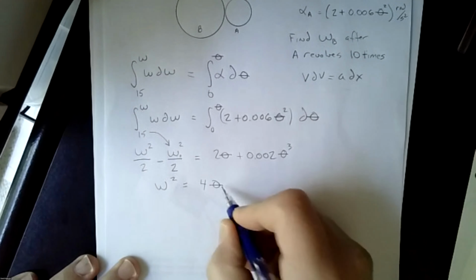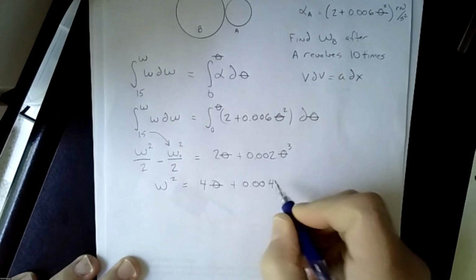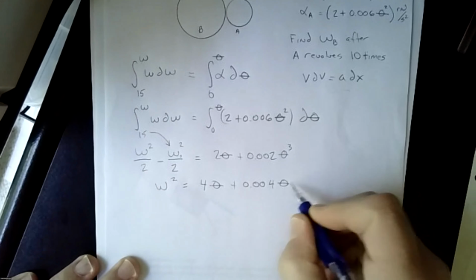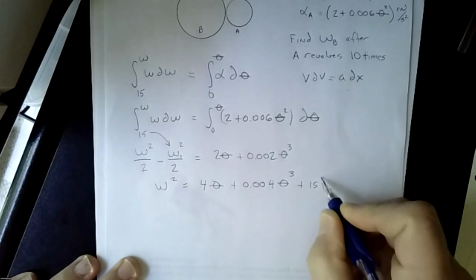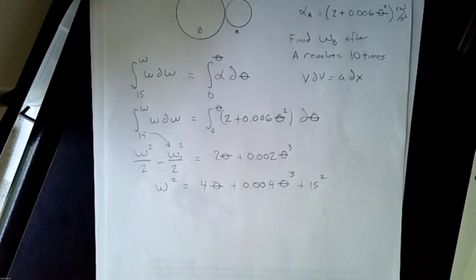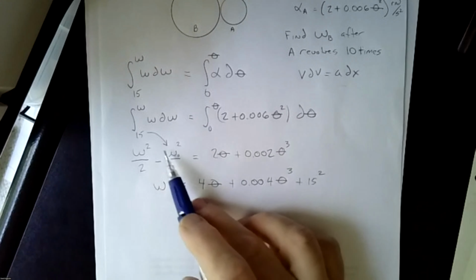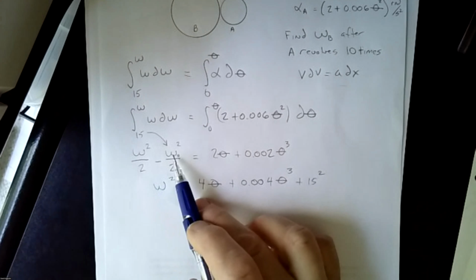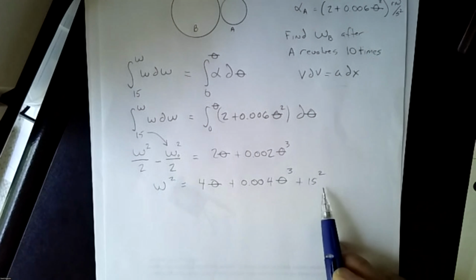4 times theta plus 0.004 theta cubed plus 15 squared. Okay. So all I did was multiply both sides by 2, plugged in 15 for omega naught, making it 15 squared, and moved it over here. So now I have this. All right.